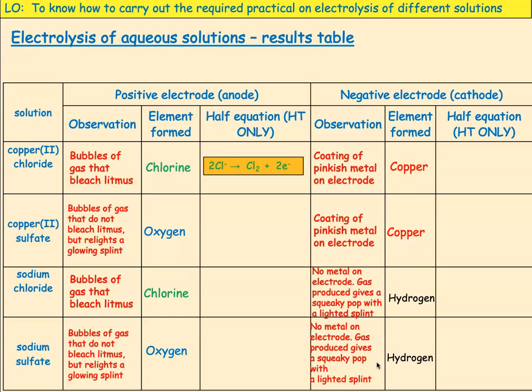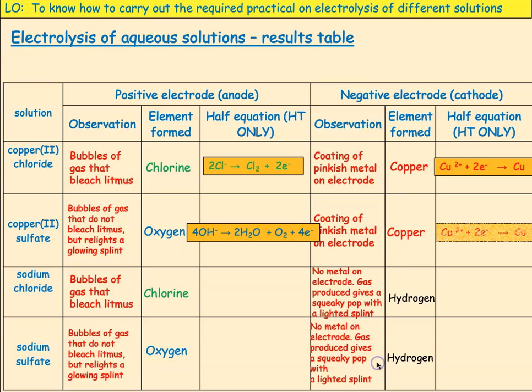The copper is Cu2+ plus 2 electrons gives Cu. For copper sulfate, we're making oxygen, so we've got that equation we need to learn: 4OH- gives us 2H2O plus O2 plus 4 electrons.